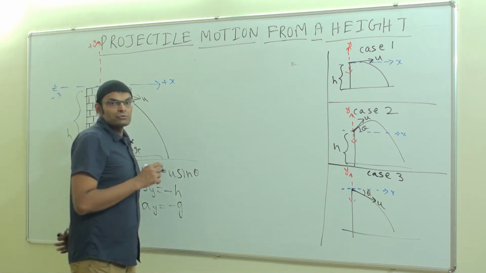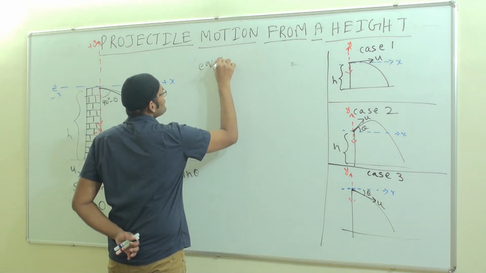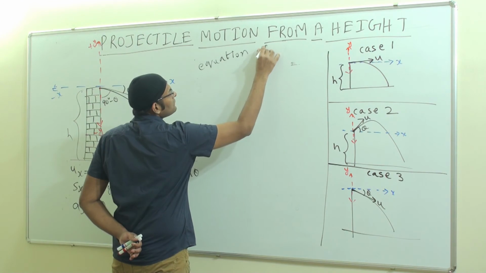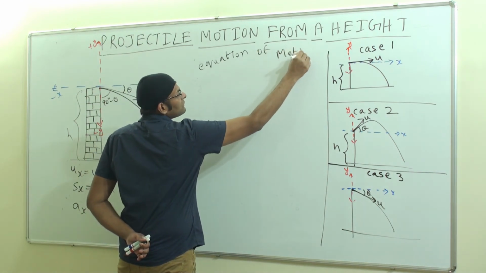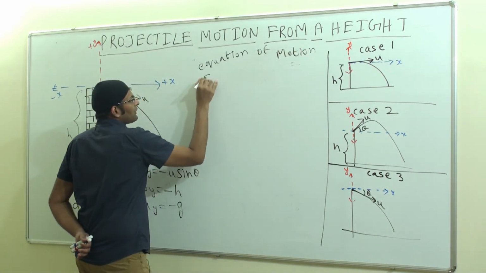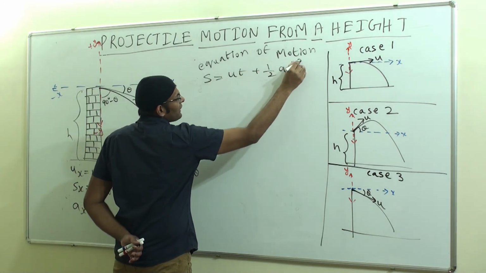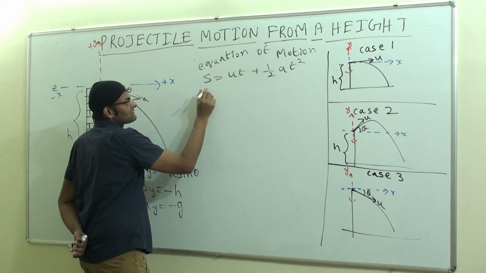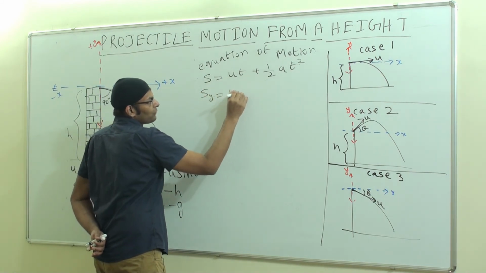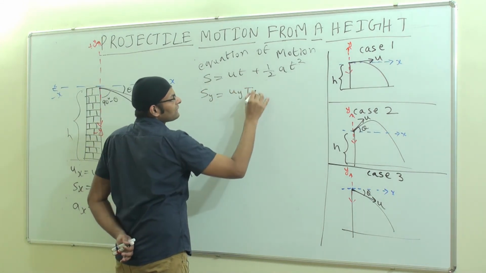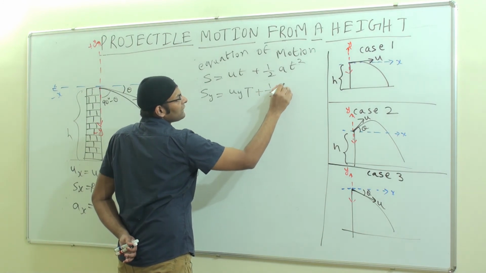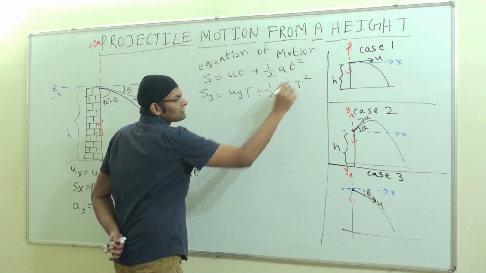Now by using equations of motion, I will be calculating s is equal to ut plus half at square. Now what is this? I will be using sy is equal to uy t, where t is the time of flight, plus half ay t square.